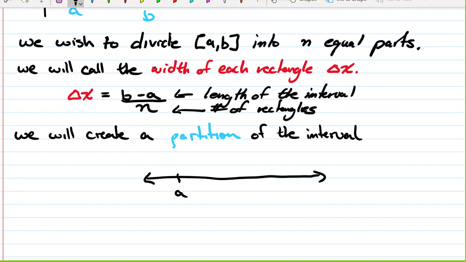We start at a and we're going to end at b, and we're going to name each of these. So a is going to be x0. Our next partition is going to be x1, which is a plus delta x. And then our next one, x2, is a plus 2 delta x, all the way out until we get to xn, which is going to be a plus n times delta x, which would add up to b.